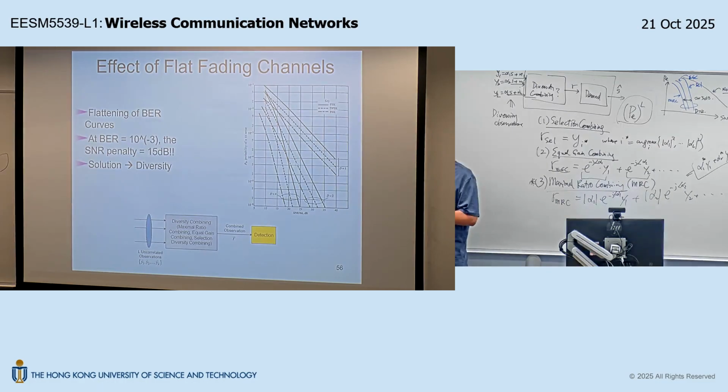Now, the problem is, it's still not the end. How do you estimate alpha 1 hat and alpha 2 hat? The transmitter just transmits the Wi-Fi frame like this, and you only have one RF and ADC chain. That means at any time, you can only pass on the signal from one of these two antennas to the baseband.